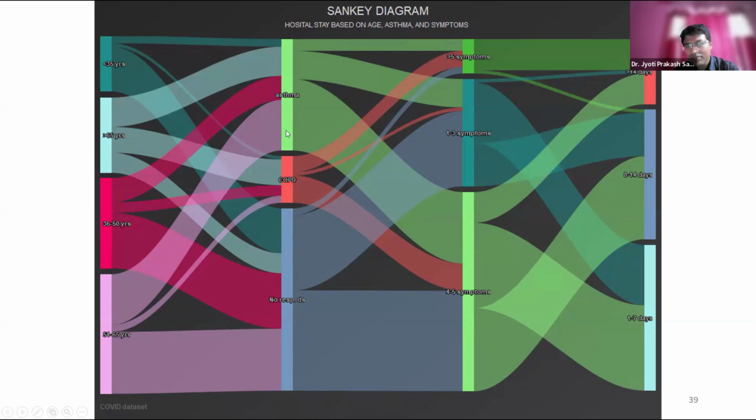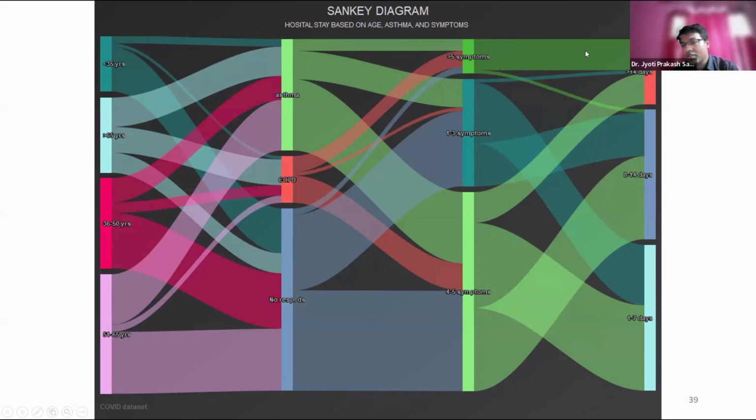Of them, this big portion had more than 5 symptoms during admission. Some had 4 to 5 and some had 1 to 3 symptoms. The patients with more symptoms at the time of admission stayed for a longer duration. Just focus here, stayed for longer duration.